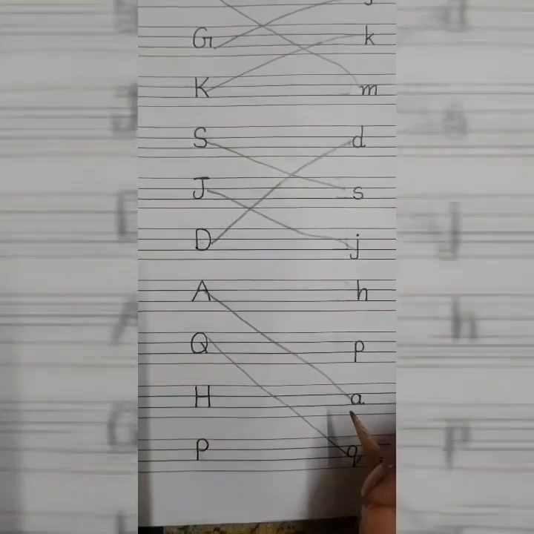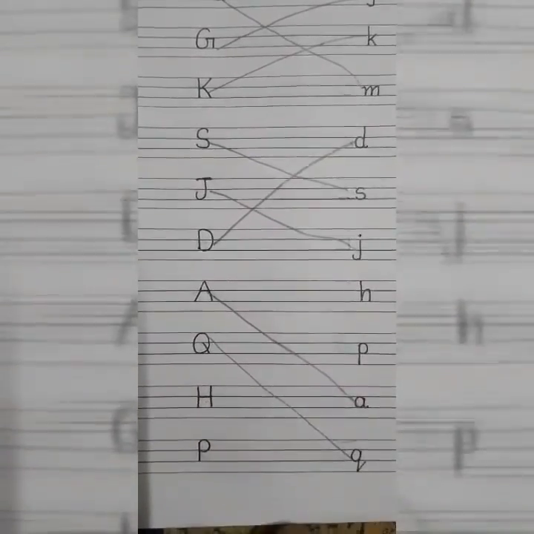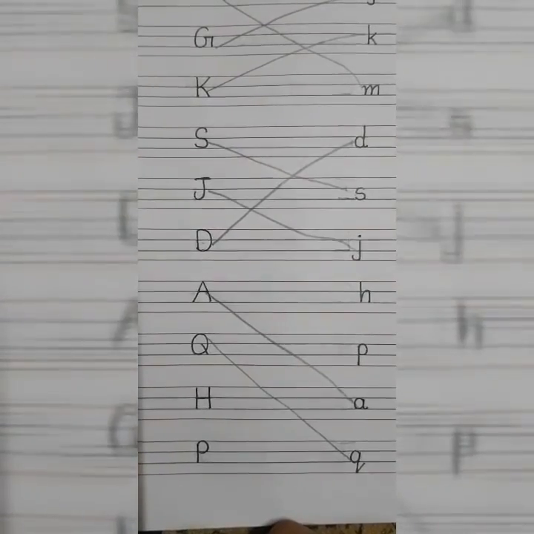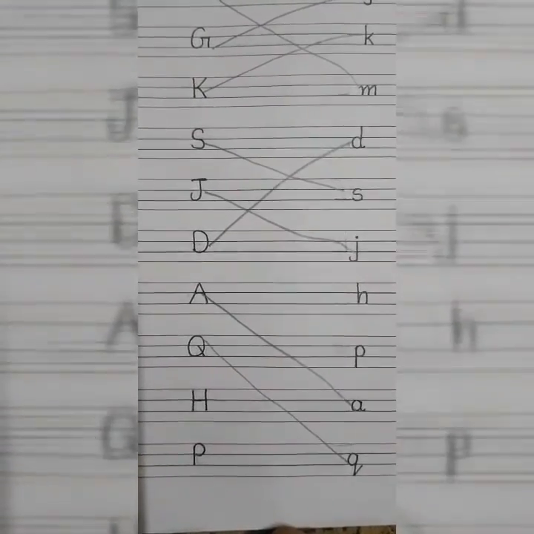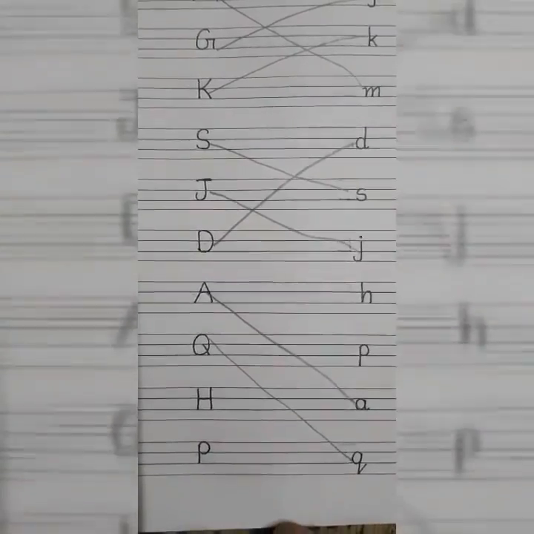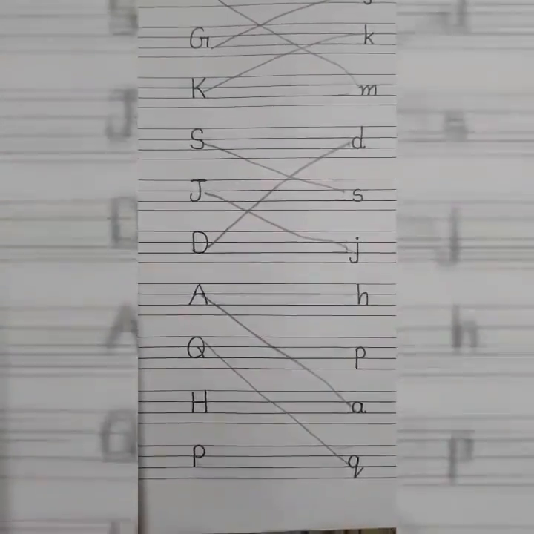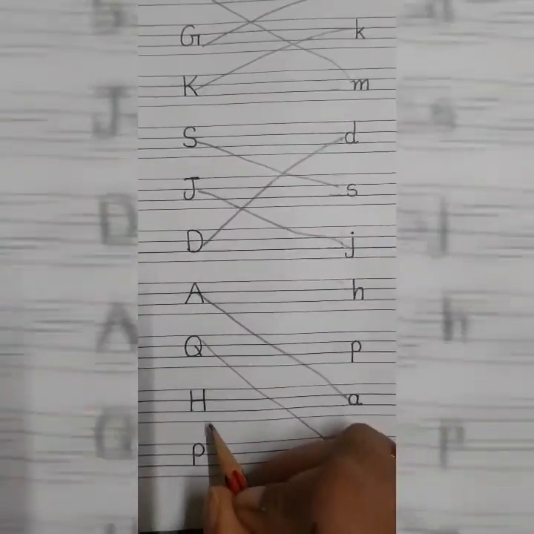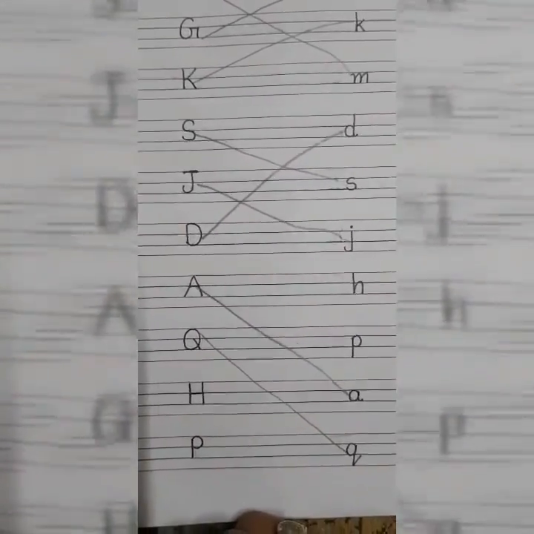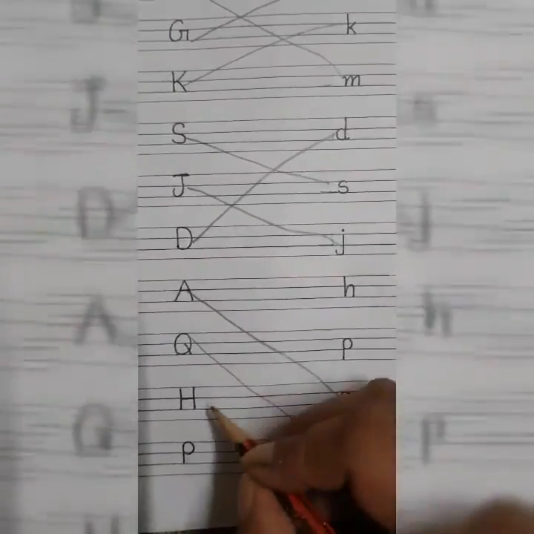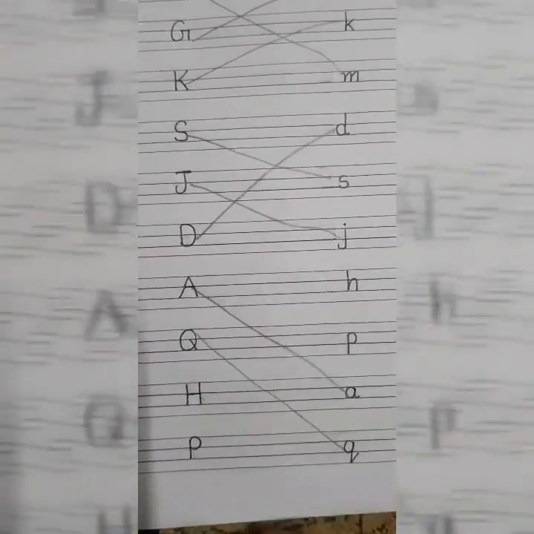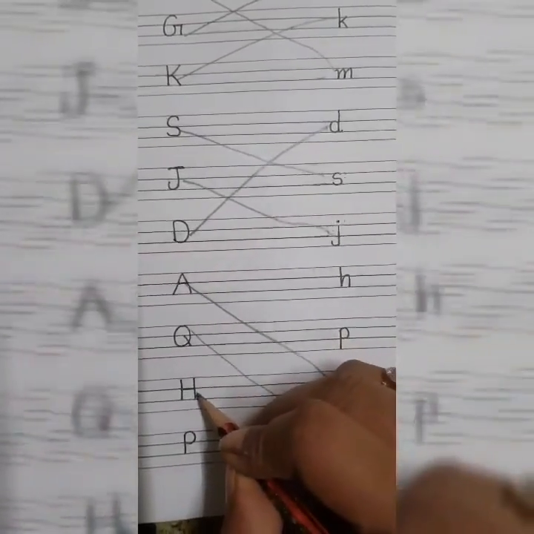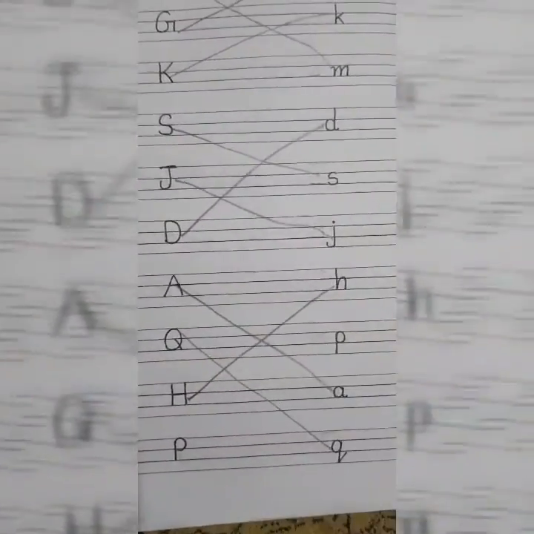Okay, now, Hitat, you tell me, which letter is this? You know very well about this letter, है ना? Just because Hitat's name starts with letter H and this is the letter H. H sound H. So what we will do? We will match capital letter H with small case letter H. Like this.